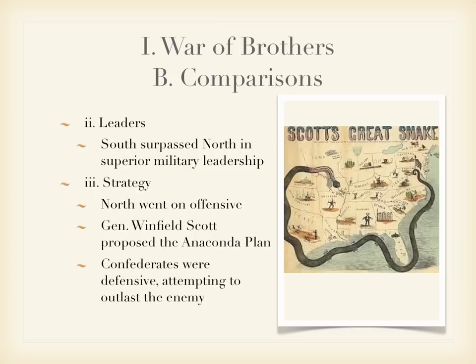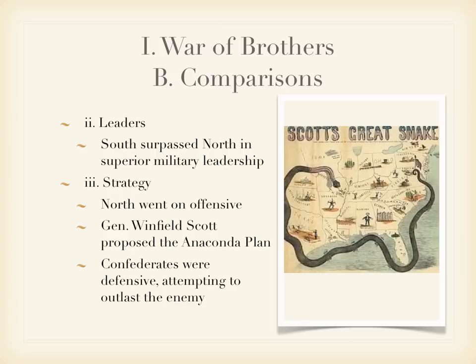Okay, General Winfield Scott proposes the Anaconda Plan, and here you have a picture of what this looks like. He pretty much says that we need to choke the South out. We want to keep them from shipping out or exporting their goods, and we want to keep them from importing goods from other places. So this plan sets up a naval blockade.